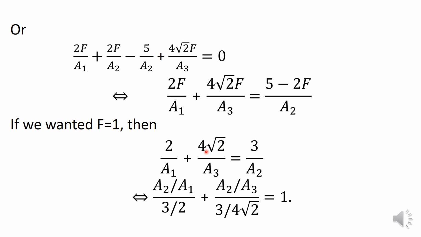You will get these values, and then multiply by A2 across here and divide by 3, multiply by A2 over 3 right through, and you will get this equation, A2 over A1 over 3 over 2 plus this term over 3 over 4 root 2 equal to 1.